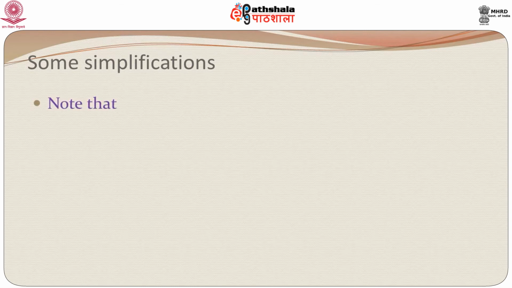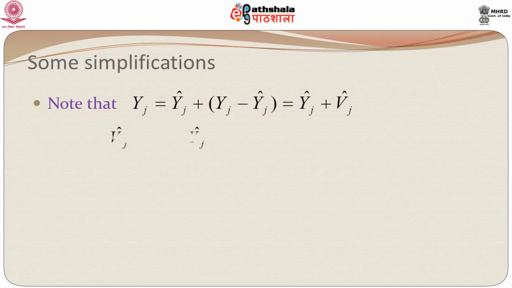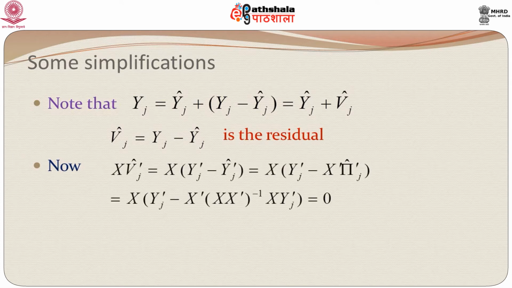Notice that you have yj is equal to yj hat plus vj hat. What is vj hat? vj hat is yj minus yj hat, which we generally call the residuals. And it is easy to see that if you write this vj hat as yj minus yj hat, then we have x into vj hat is equal to 0.